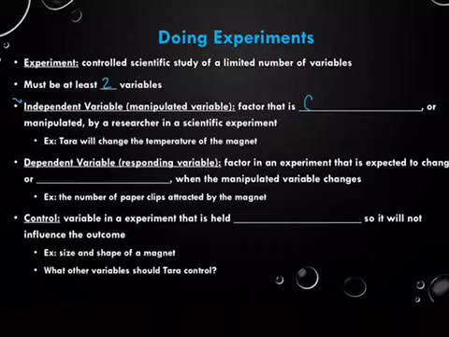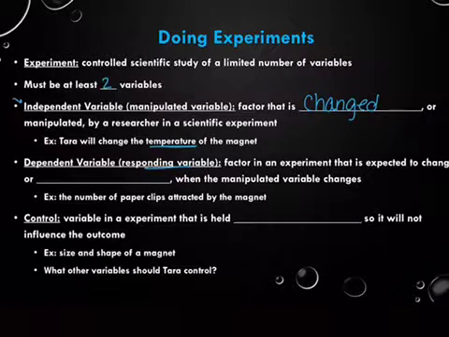This is the factor that gets changed by the scientist or the experimenter. And so Tara will change the temperature of the magnet, so that's your independent variable. The dependent variable is also called the responding variable because it responds to the change in the independent variable.